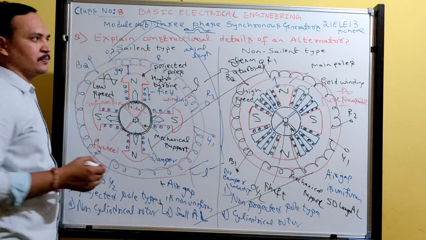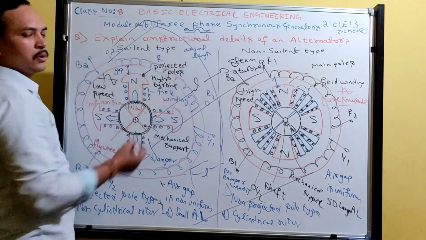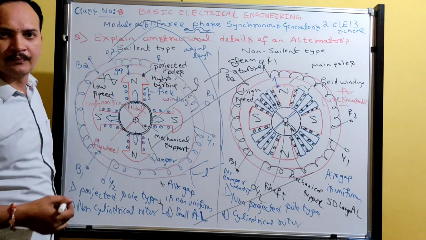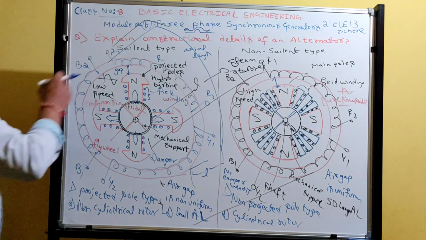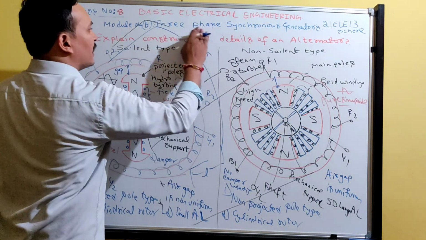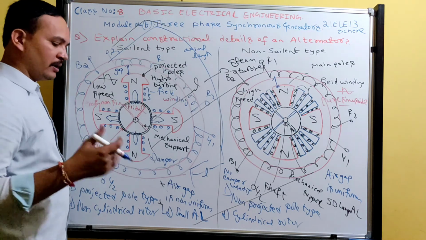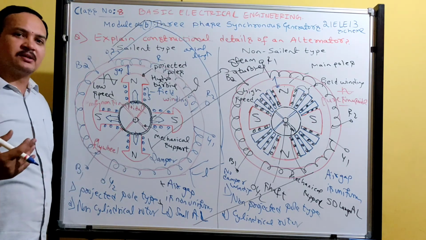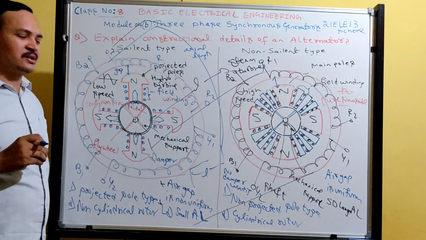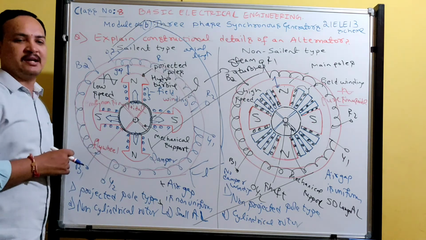Because of shock absorbers, you can cross the road in running condition. Got it? Like that, when the turbine vibrates, the rotor shaft also vibrates. In order to avoid such vibrations, we need to use damper windings.